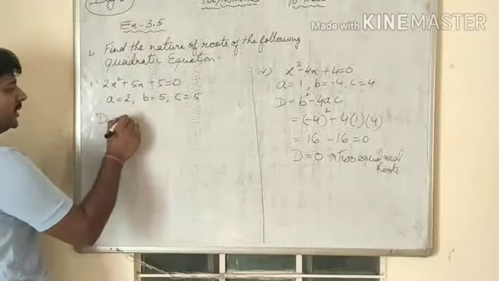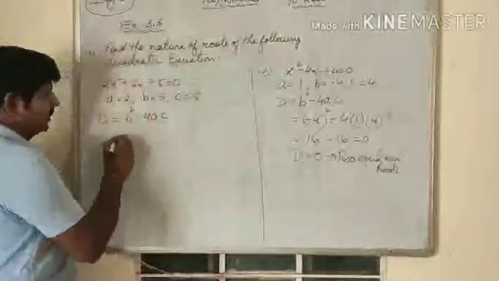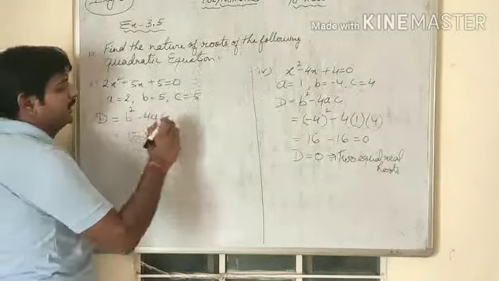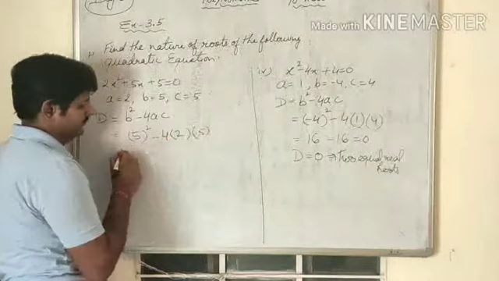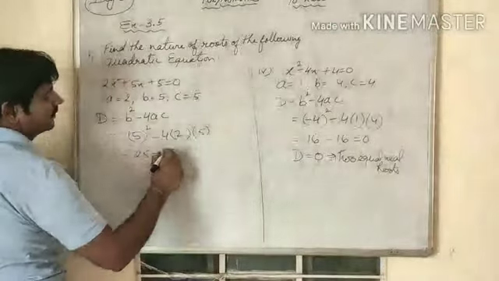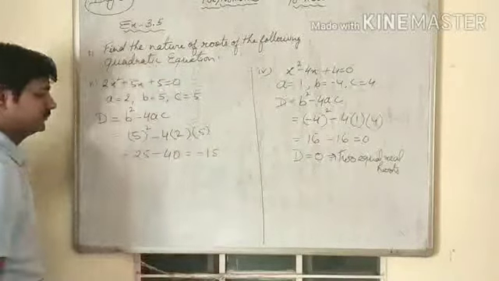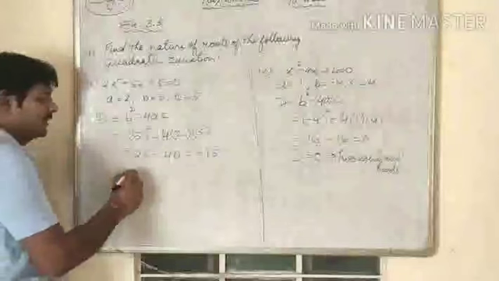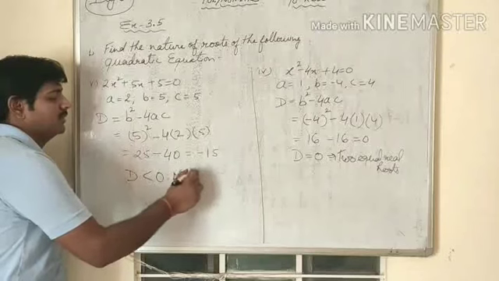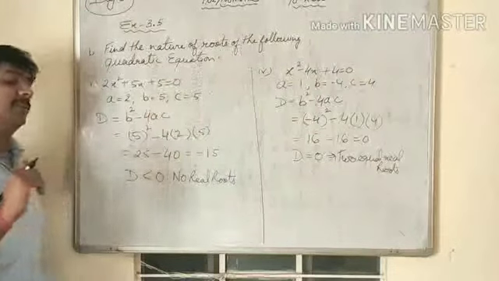So discriminant equals b square minus 4ac. B is 5, whole square, minus 4 into 2 into 5. 5 square is 25, 4 2s are 8, 8 5s are 40, and their difference is minus 15. This discriminant is less than 0, so there are no real roots. This is the fifth part.